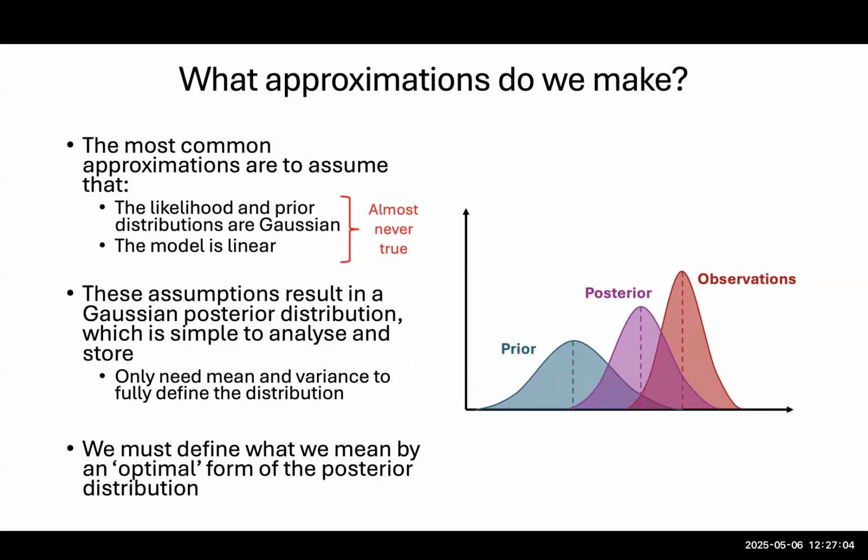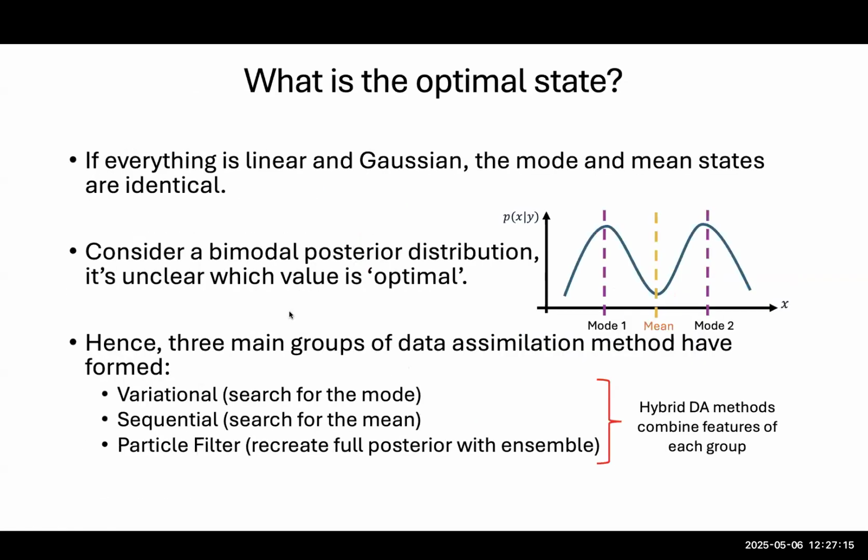And then we need to look at what we mean by an optimal form of the posterior distribution. If everything's linear Gaussian, the maximal posterior probability and the mean are identical. But if we have, for example, a bimodal posterior, it's not clear what's optimal.